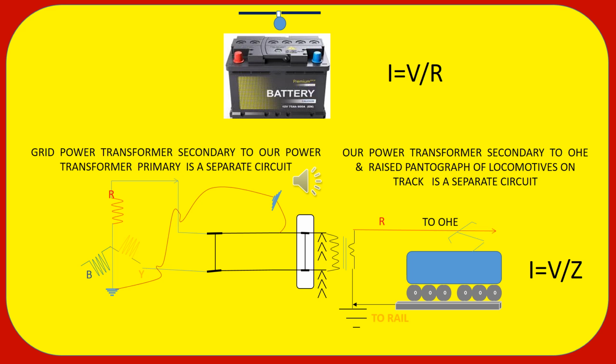So according to that load, the current will flow. But if there is no locomotive and the OHE has fallen on the ground, so the R or Z will be very minimum and the current will be enormous, and our circuit breaker will trip. That is short circuit.